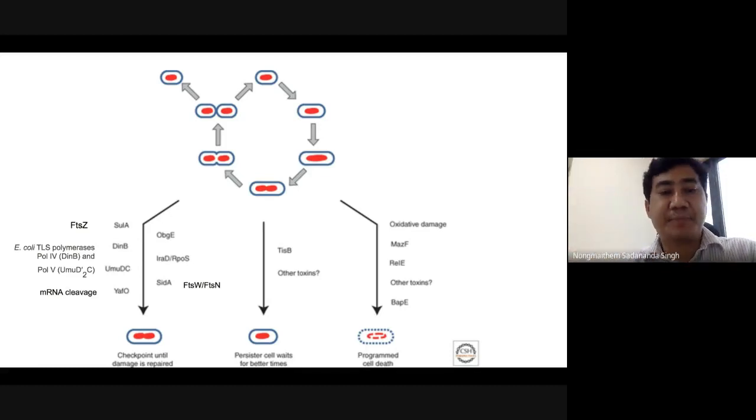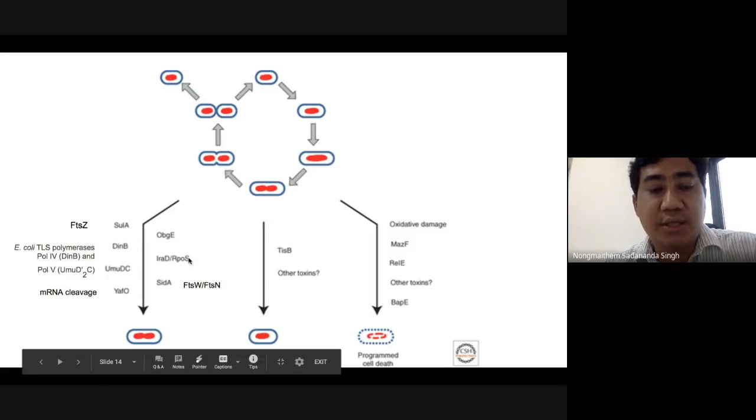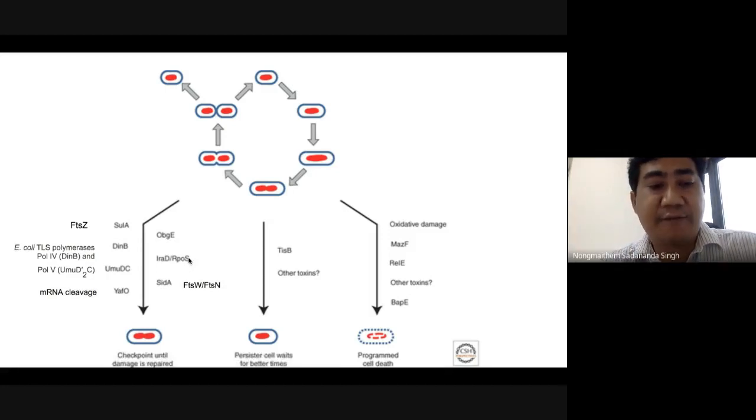That is one. And another mechanism to lead to the stalling or checkpoint is one of the factors called YafO. YafO is very, very important because it affects at the translation level.